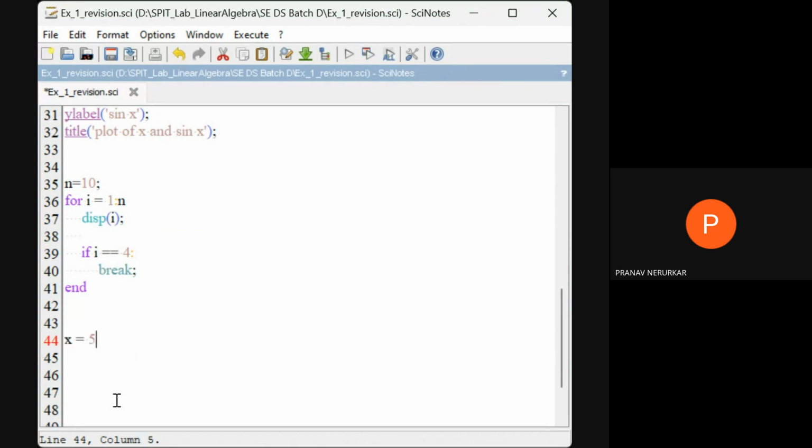Then we write x is 5, if x greater than 0, and we can write some value here like display some message positive, else display negative.